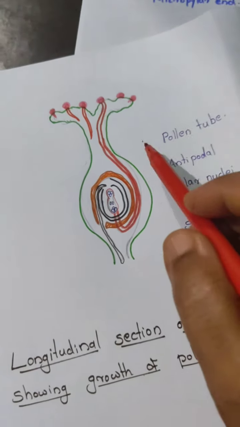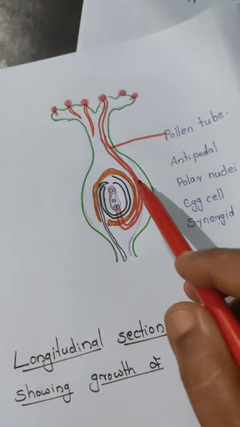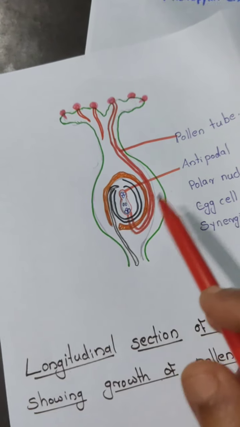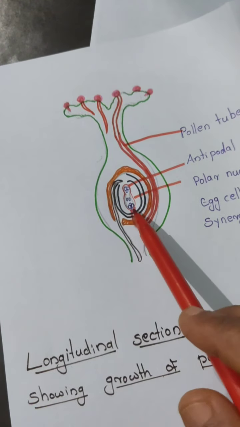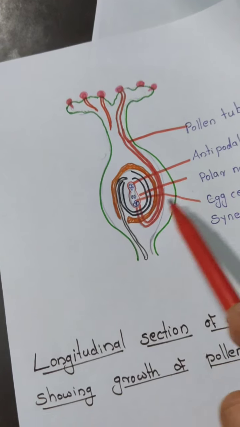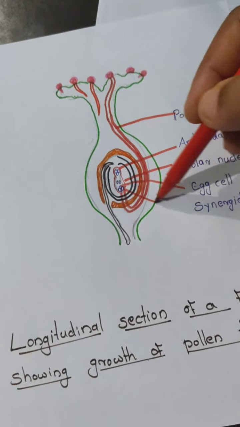These are the structures: this is the pollen tube, these are the antipodals, these are the polar nuclei, this is the egg cell, and these are the synergids.